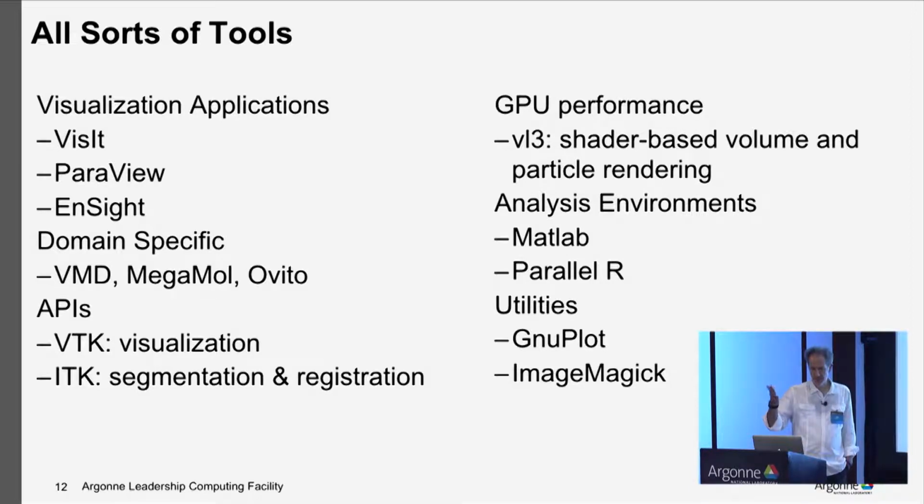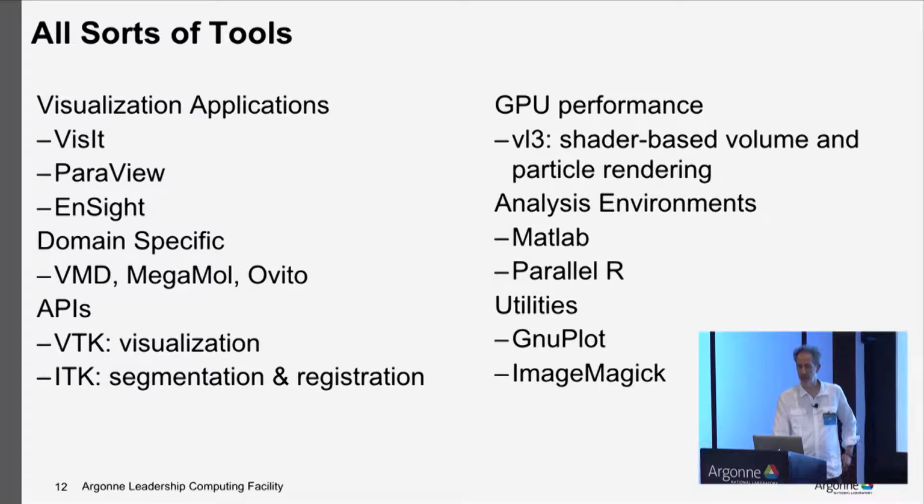And as I mentioned, the VisIt and ParaView ones are more in the application space, and then VTK and ITK are programming frameworks and libraries that are used for building applications, and some of these other applications like VisIt and ParaView are largely built on top of those APIs. There are some like VL3, which is our shader-based volume rendering and particle rendering application, which leverages hardware.